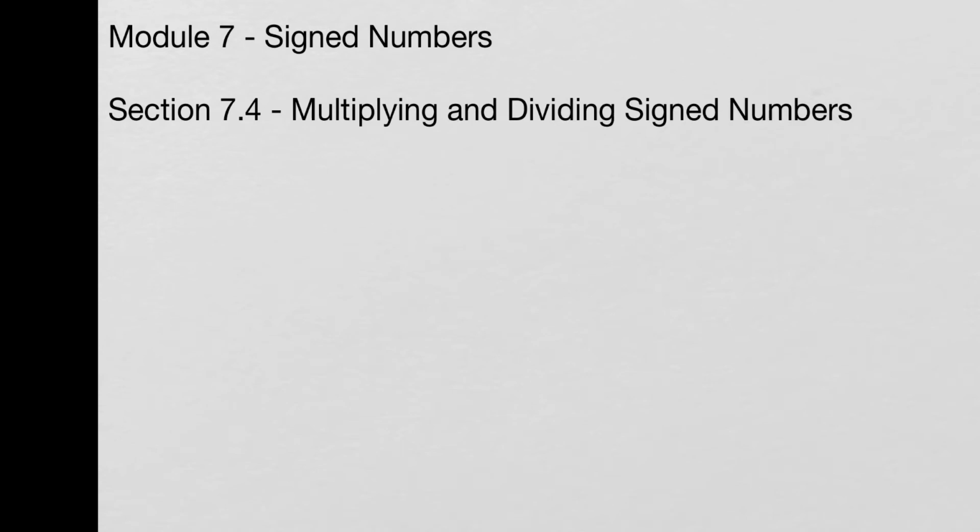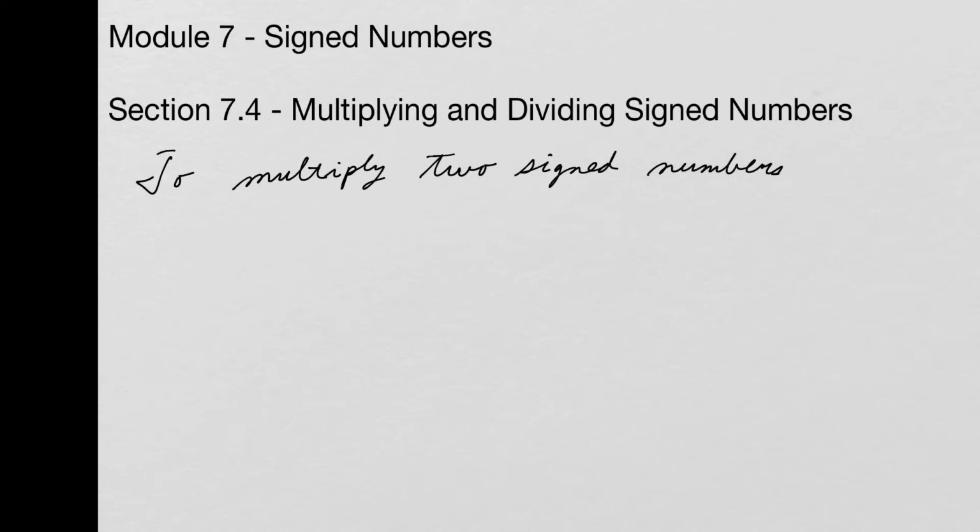To multiply two signed numbers, first of all, you sort of ignore the signs by taking the absolute value. So you multiply the absolute values of the numbers first.